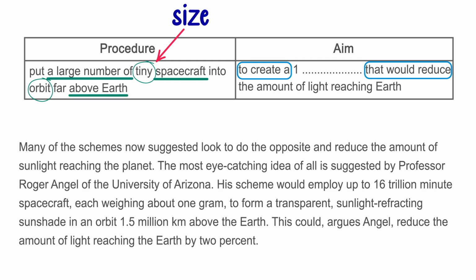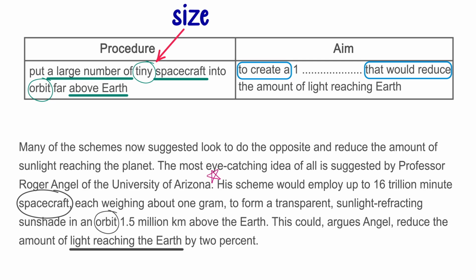So in scanning for these keywords, I came across this paragraph in which spacecraft is used in line 4 and orbit is used in line 5. And at the end of the paragraph, light reaching the Earth is also used. So I'm going to read the last two lines very carefully.